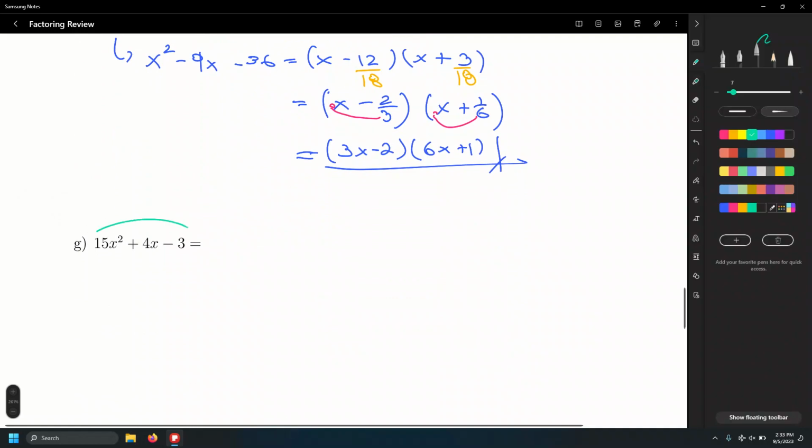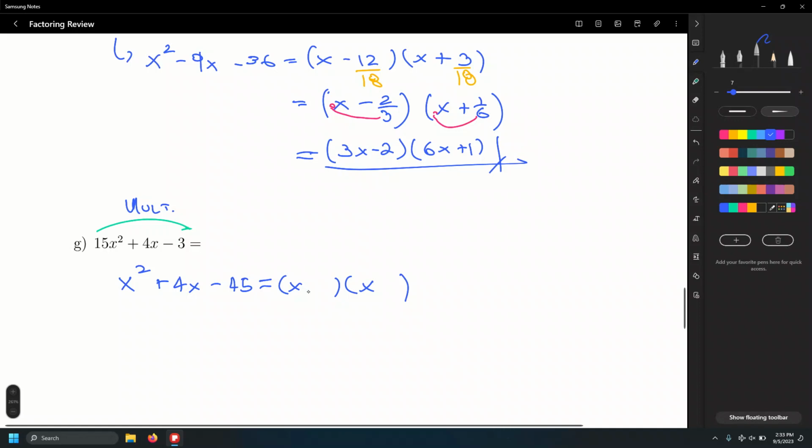Let me write down the multiplication. Drop the leading coefficient and make it look like x squared. Simply keep the same middle term, and 15 times negative 3 equals negative 45. Factors of negative 45 that add up to 4.